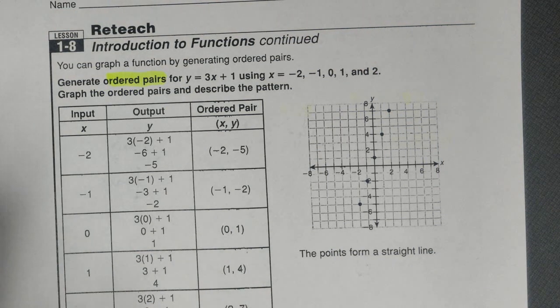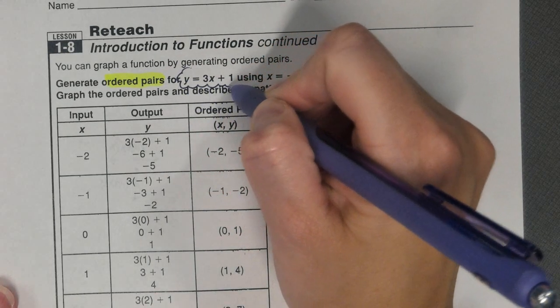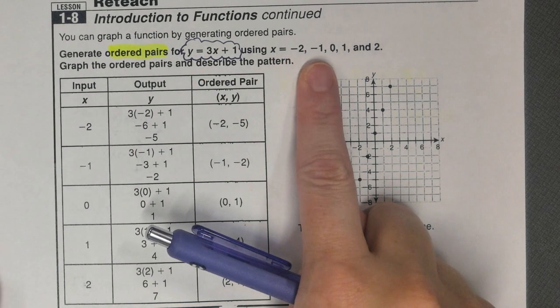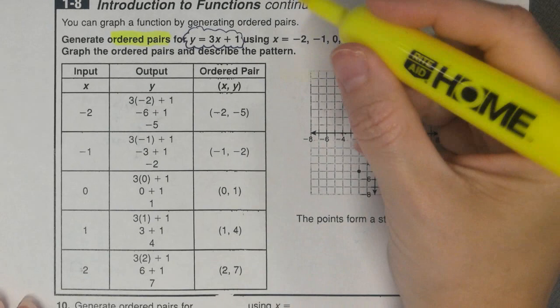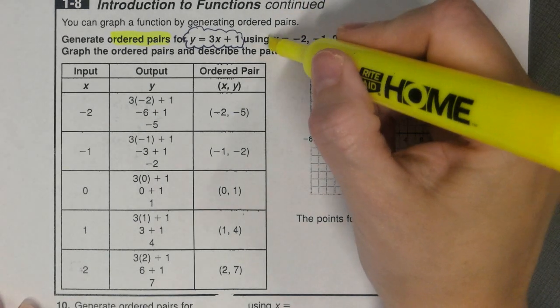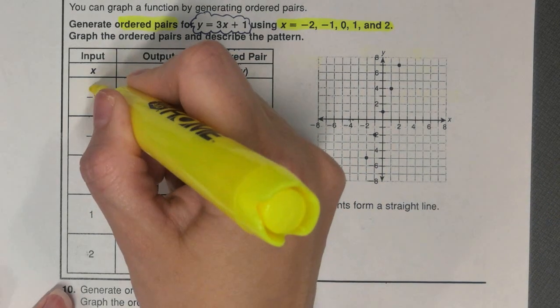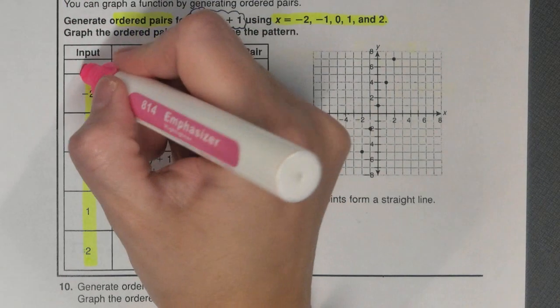Now this should look like your bell work, your warm-up today. Okay, so remember I gave you y equals an equation, and then they're going to give you the x values, and let's look and see where those x values go. So when they give you the x values, they're going to go in the input part of your table. Okay, that's going to be your x value, your input.